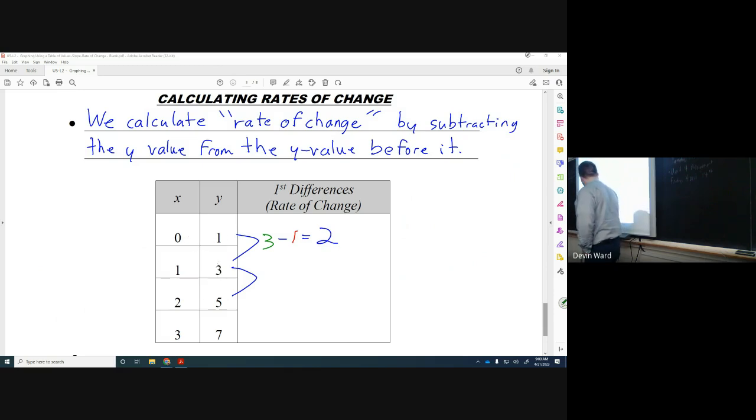This time I'm going to do 5 minus the 3, the one above it. And what's 5 minus 3? Also 2. Then I'll go 7 minus 5. And 7 minus 5 is 2.